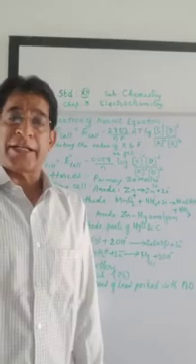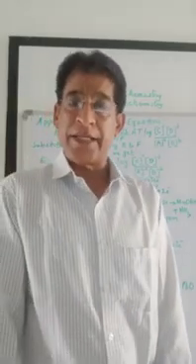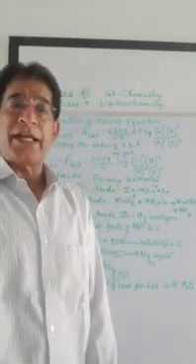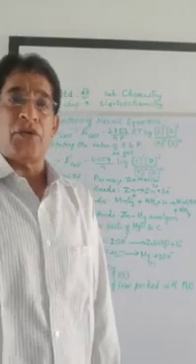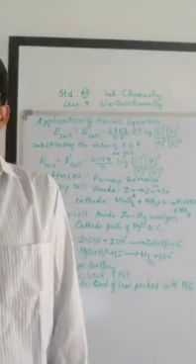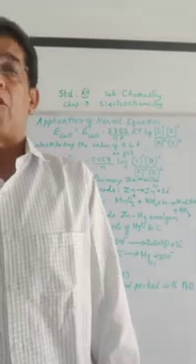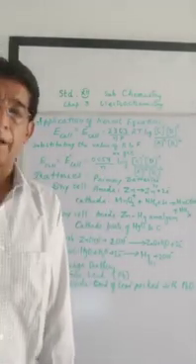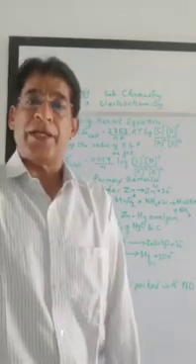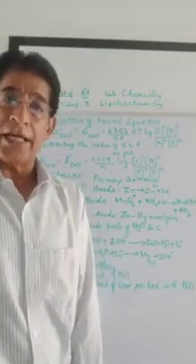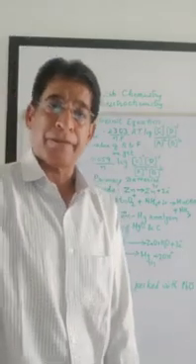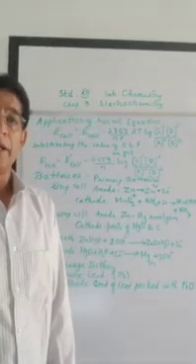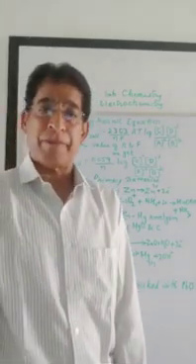Now, the second type of batteries, secondary batteries. Secondary cells are those which can be recharged again and again for multiple uses. As for example, the lead storage and nickel cadmium battery. Now first, the lead storage battery.